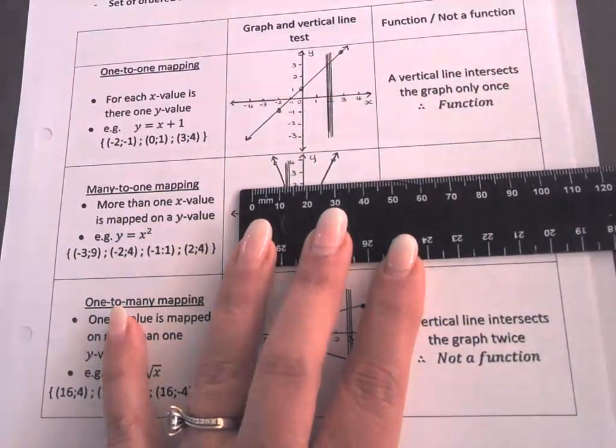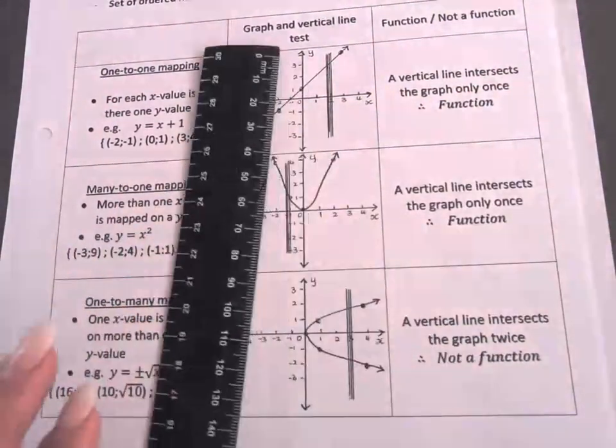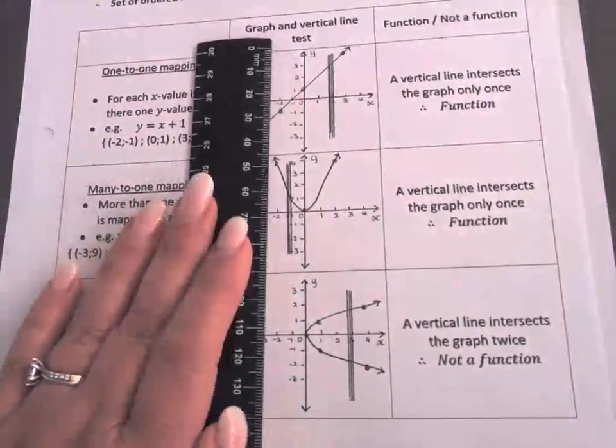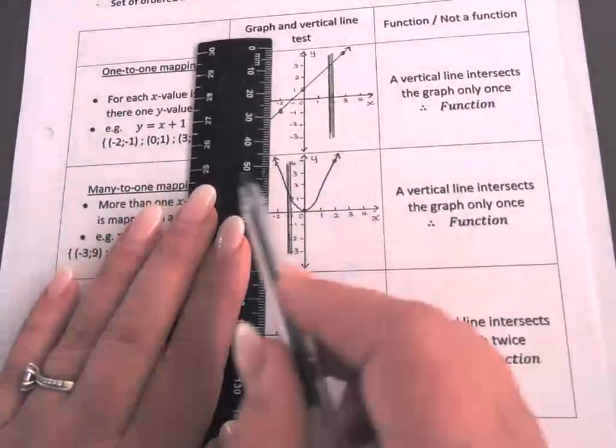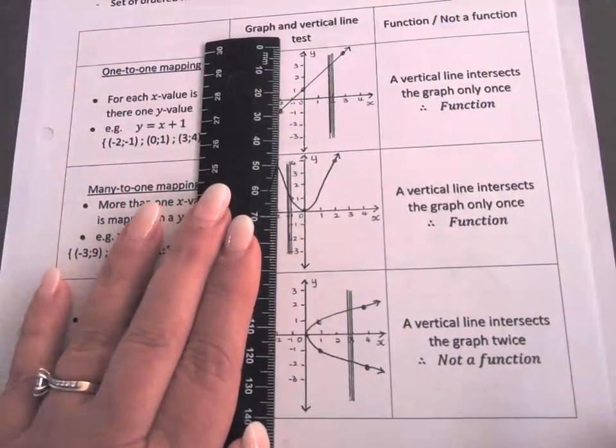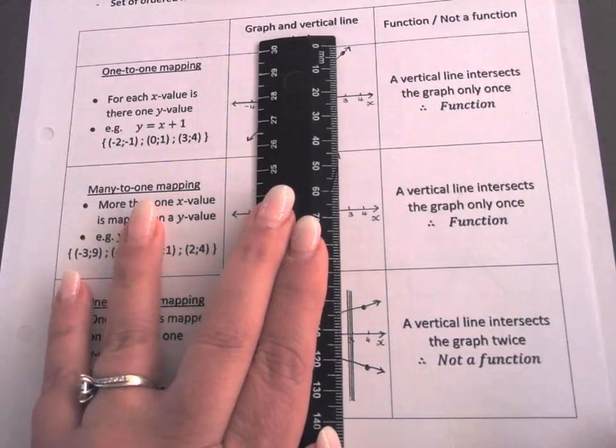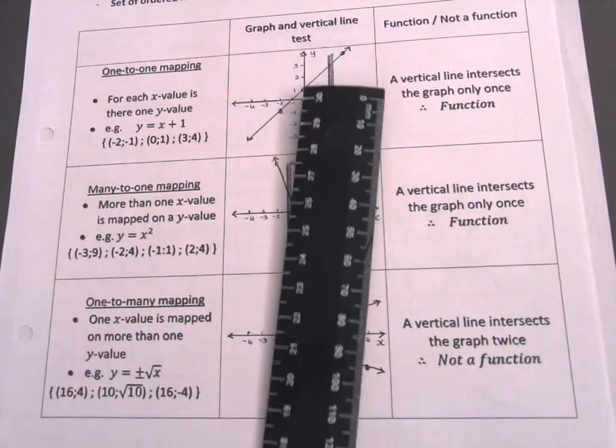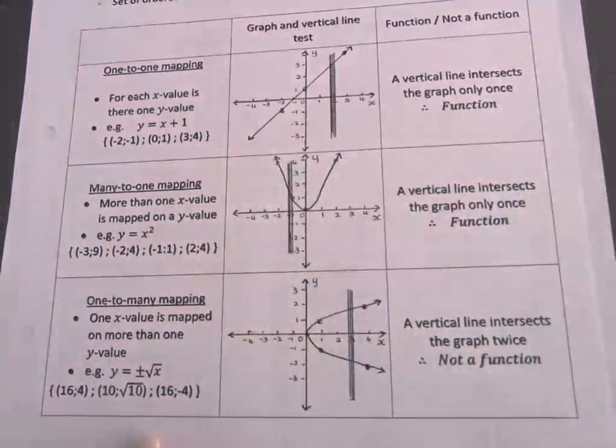But to test if that is a function, you have to go like that, vertically, and the graph must cut this line only once, all the time. Okay.